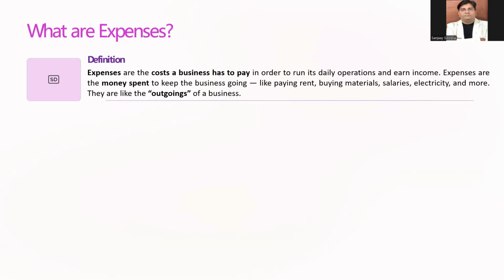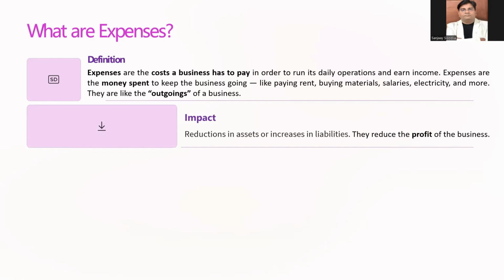You will have some people working for you. You will have to pay salaries to them. In your shop, you will be using some electrical appliances like bulbs, tube lights, fan, cooler, AC, whatever. For that, you will have to pay the electricity bill, and so on and so forth. So this is like outgoings of the business.